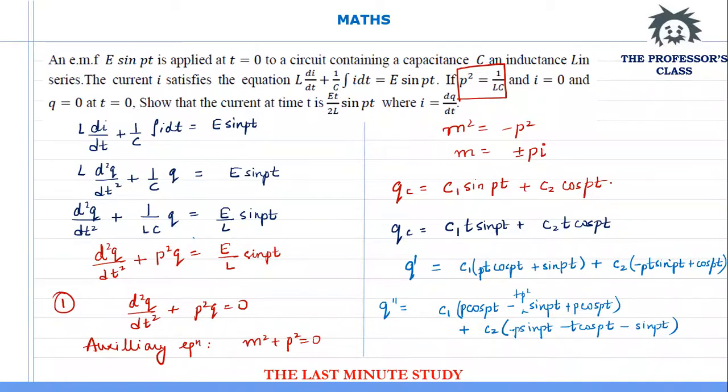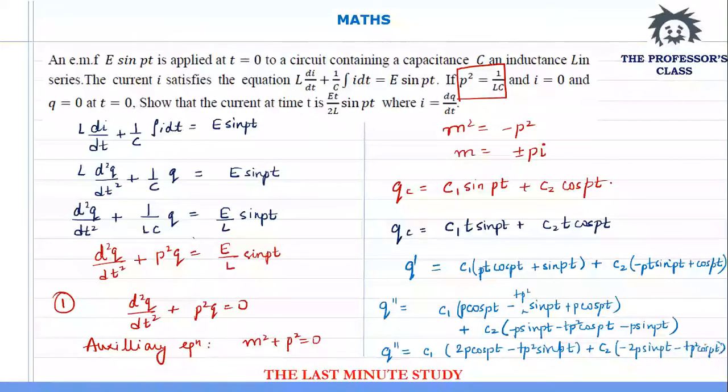Similarly, this will be p sin pt minus p square cos pt and p sin pt. Now you got this part, and if you simplify this one, you'll get an equation equal to c1 2p cos pt minus tp square sin pt plus c2 minus 2p sin pt minus tp square cos pt.